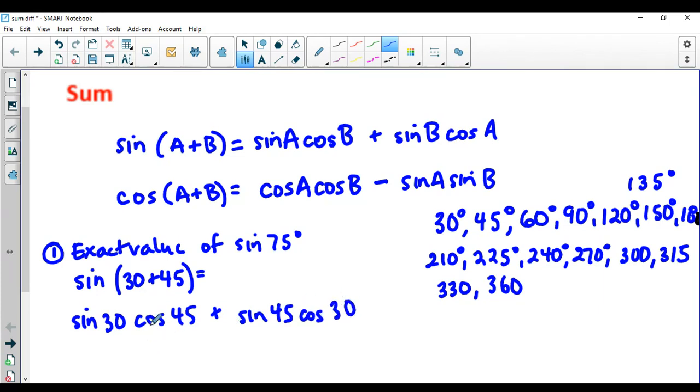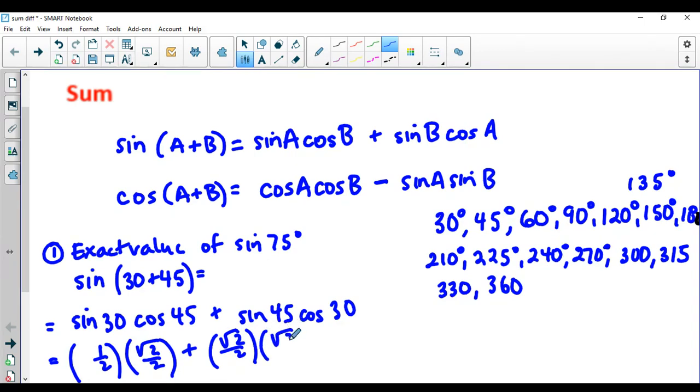Basically it's sine, cosine in each term and the angles switch. Now we go to the unit circle. Sine of 30 is a half. Cosine of 45 is square root of 2 over 2. Sine of 45, square root of 2 over 2. Cosine of 30, square root of 3 over 2.